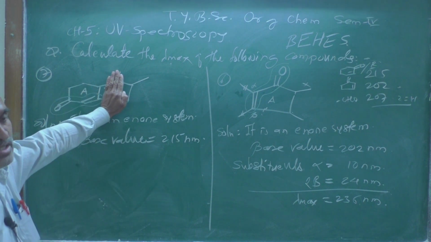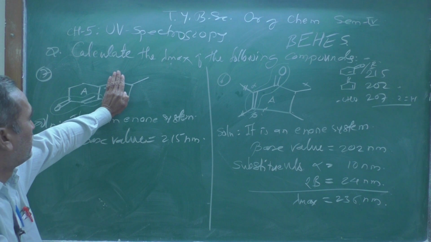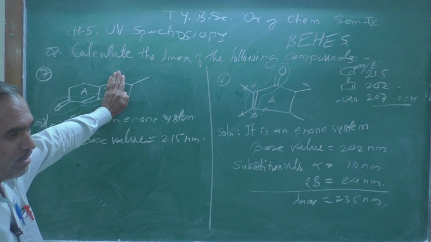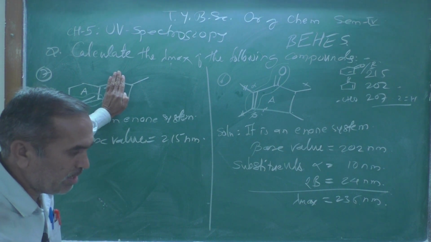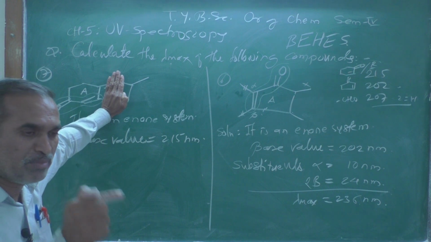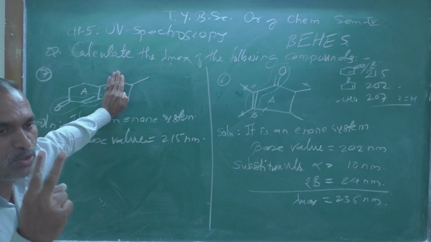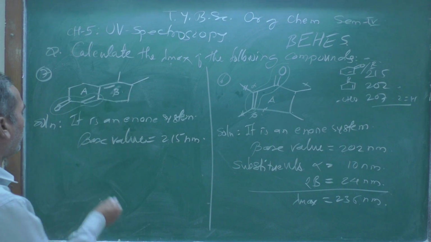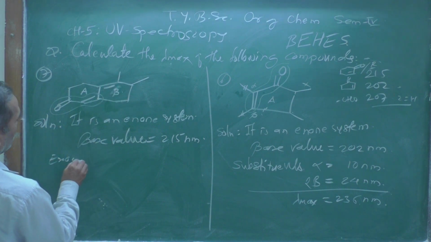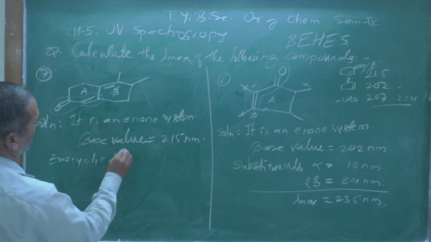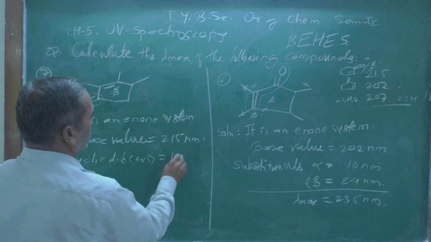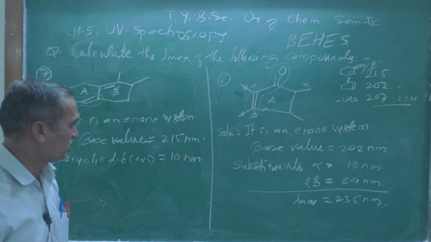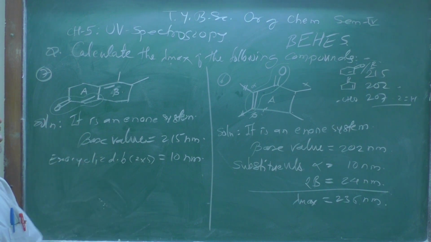Look here, this double bond is outside the B ring as well. So A ring has one exocyclic, B ring also has one exocyclic, and the total becomes 2 exocyclic. So here exocyclic double bond 2 into 5 becomes 10 nanometer, right? So 1 exo means we should add 5 nanometer.